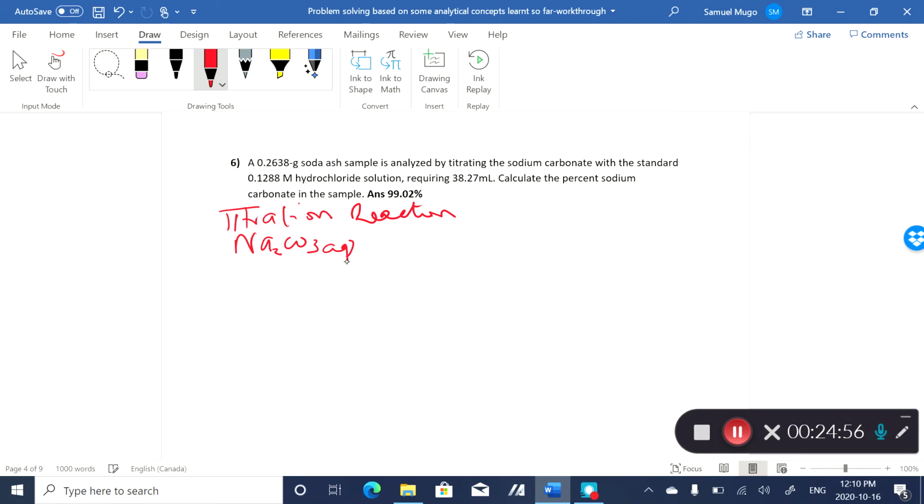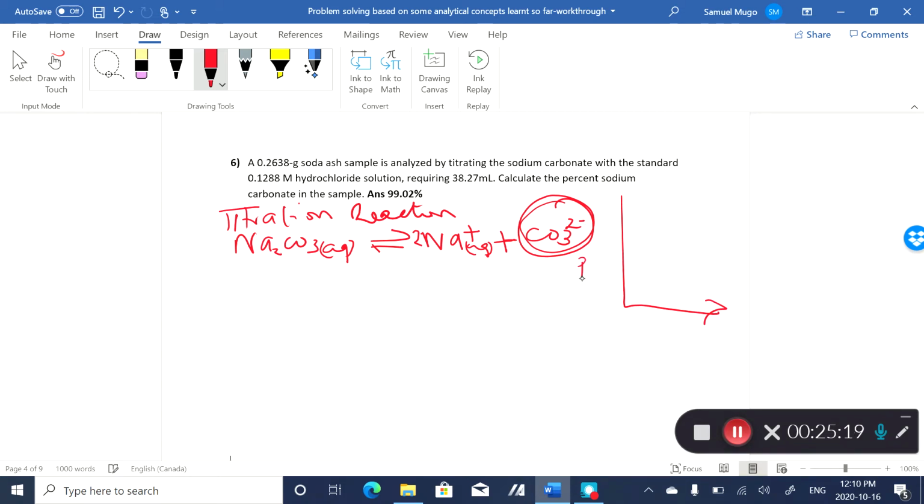And because you're dissolving it, obviously it's going to dissociate and produce the sodium plus, two of them though, which is aqueous, plus the carbonate. And so essentially what you're titrating is the carbonate, with the acid.